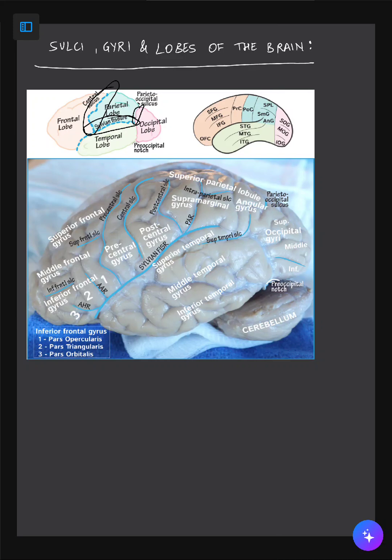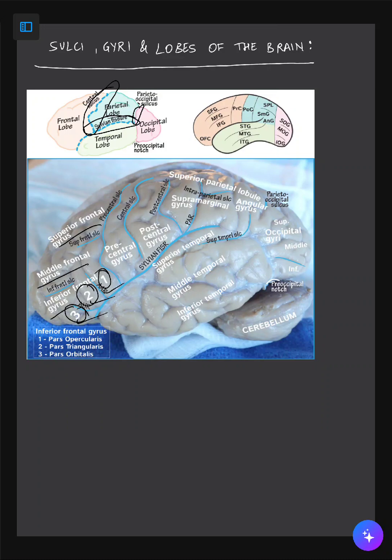The inferior frontal gyrus is again divided into pars opercularis, pars triangularis and pars orbitalis. So in the frontal lobe there are gyrus precentralis, gyrus frontalis superior and gyrus frontalis inferior, and the gyrus frontalis inferior is divided into pars opercularis, pars triangularis and pars orbitalis.